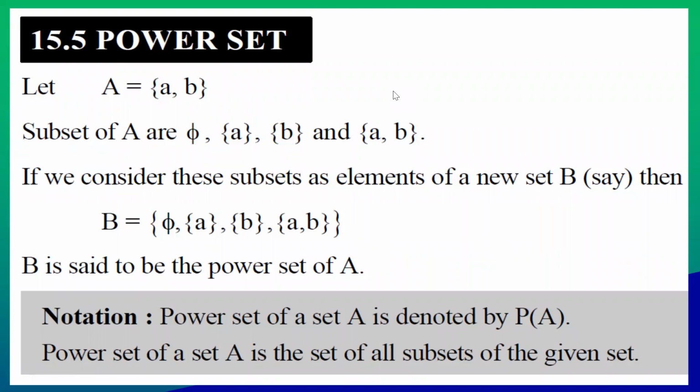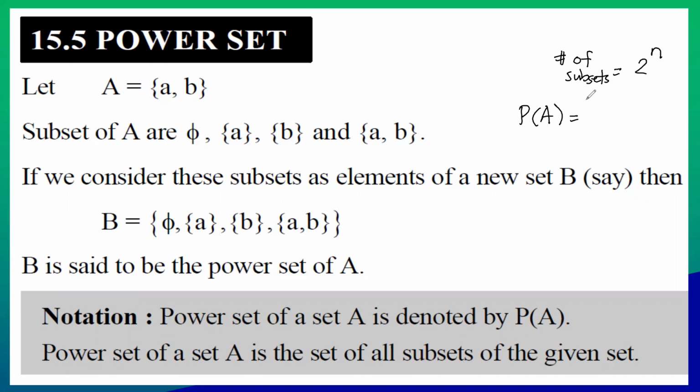Okay, so let's continue. Now we'll have our set. Let A be equal to the elements A, B. Subsets of A are the null set, A, B, and AB. To find the number of subsets, the formula is 2 raised to n.